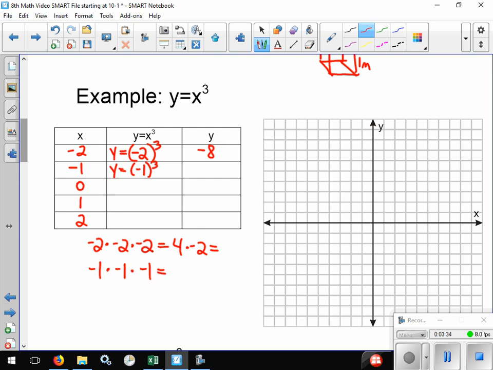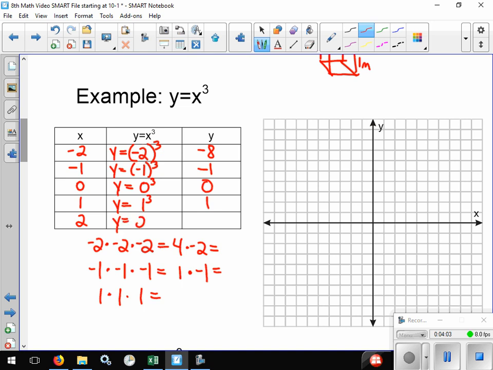And obviously -1 times -1 is 1, times -1 gives us -1. Okay, and then we know y equals 0 cubed. Well, that's just 0. 0 times 0 times 0 is 0. And then y equals 1 cubed. Well, that's 1 times 1 times 1. So that gives us 1.